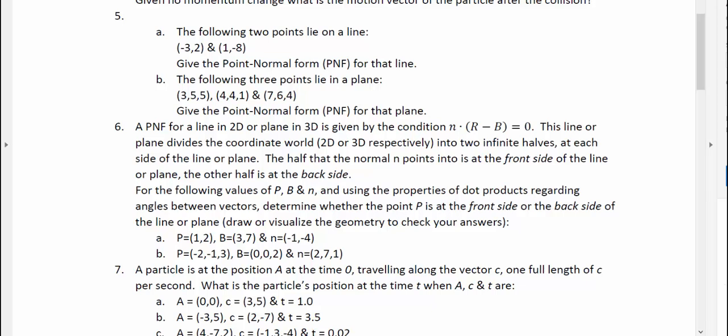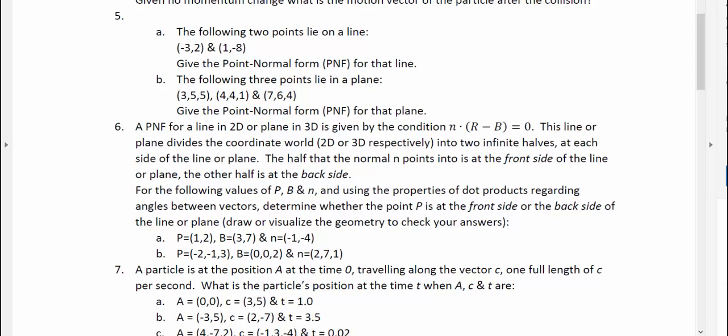So we can check whether our point of view, our camera, is at the front side or back side of a polygon in order to decide whether or not we're going to actually draw it. Also, in the case of collision detection, if we have an enclosed space, we might want to check whether we're hitting the back side or the front side, just to see if it's actually possible to be hitting this surface at all.